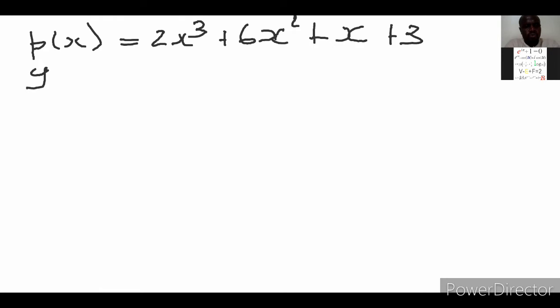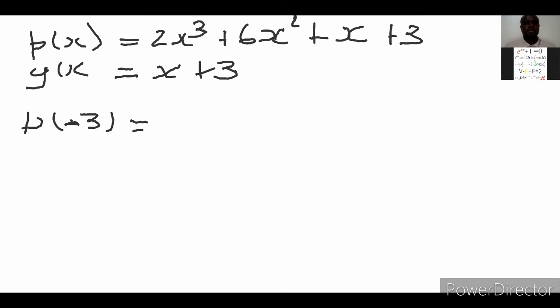And g of x would be equal to x plus 3. P of negative 3 would be equal to 0. And this is by using the factor theorem. So now we have, lovely.